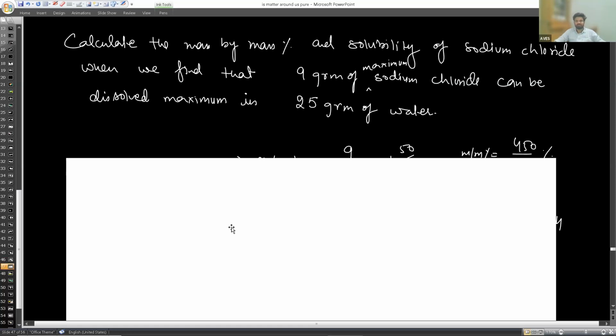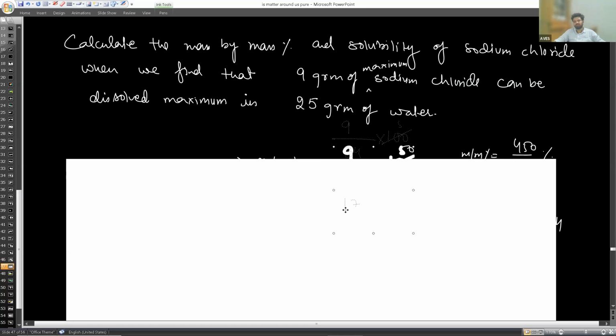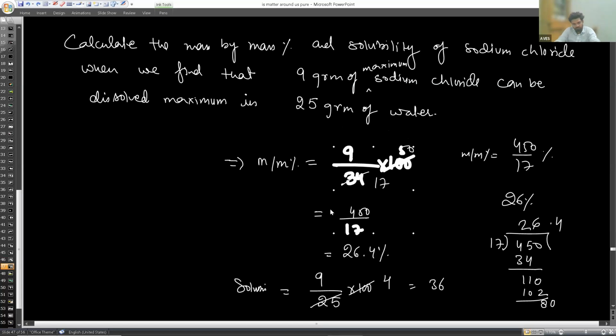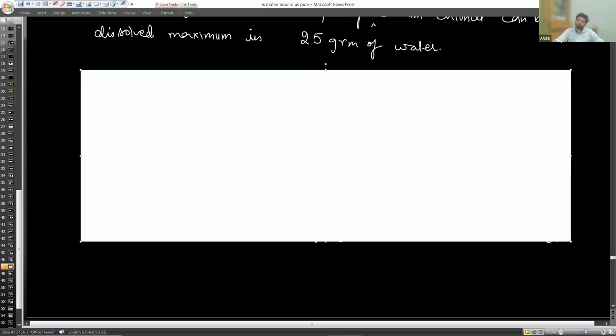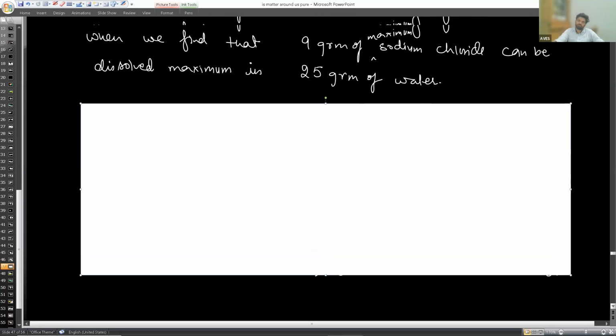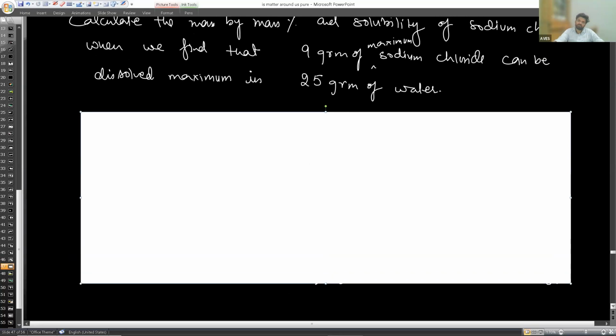Calculate the mass by mass percentage as well as solubility. Please try to find out.